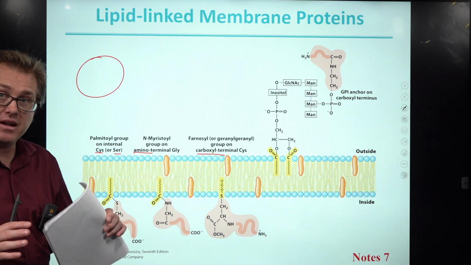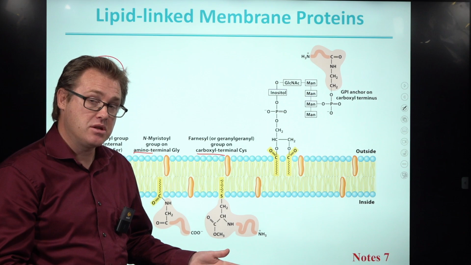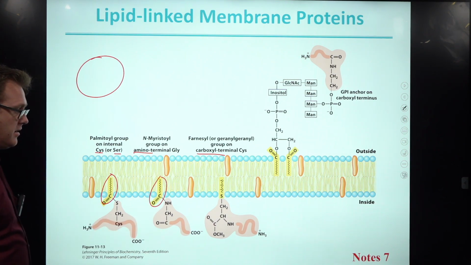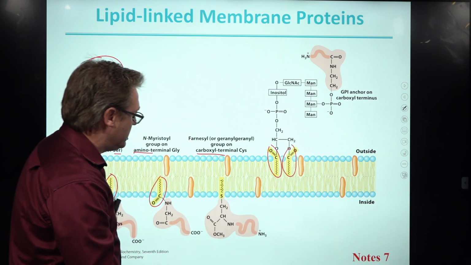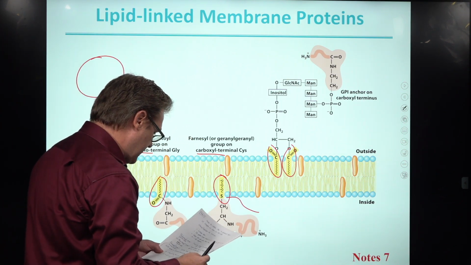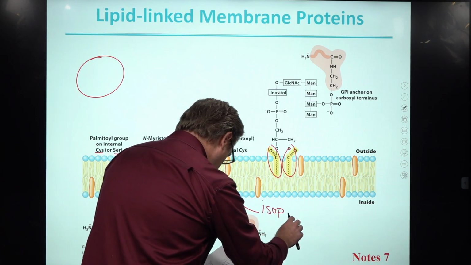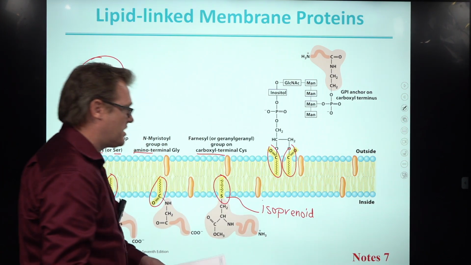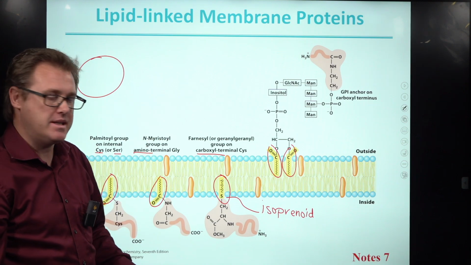There's all these different parts of the protein where you can attach a fatty acid. Here are some fatty acids right here. This one right here is a little bit different. That one's not a fatty acid. That's an isoprenoid. But they still basically just this long carbon chain, nice and greasy.